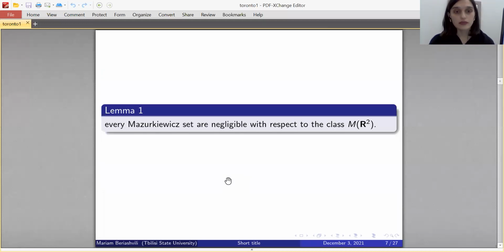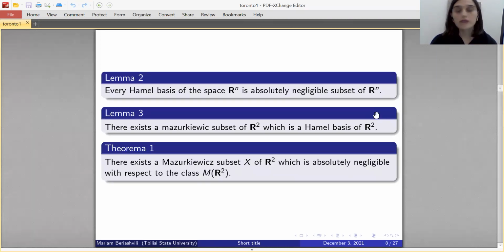Now, the first lemma about the Mazurkiewicz set: every Mazurkiewicz set is negligible with respect to the class M(R square) of non-zero sigma-finite invariant measures. Next lemmas: I will just state the definition of a Hamel basis.